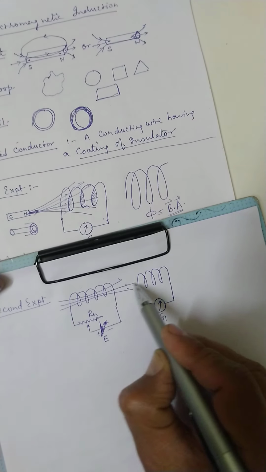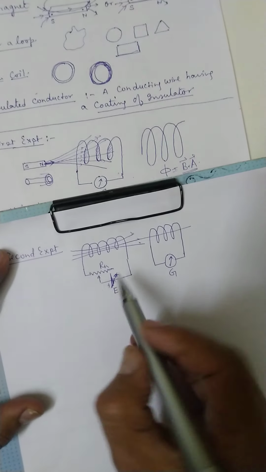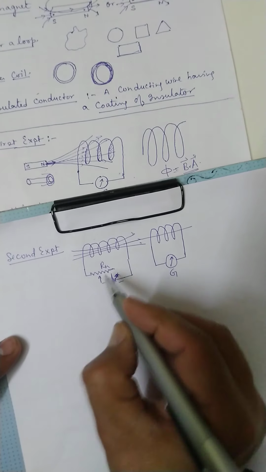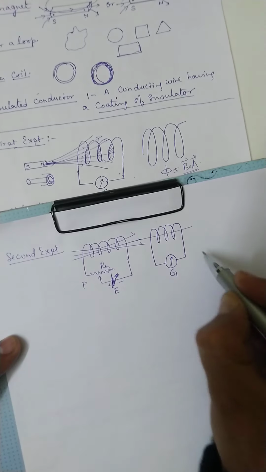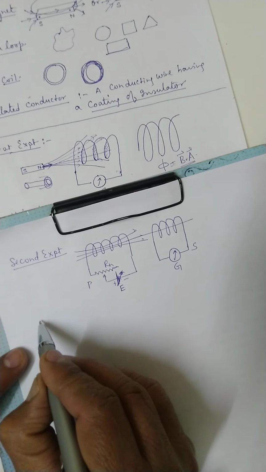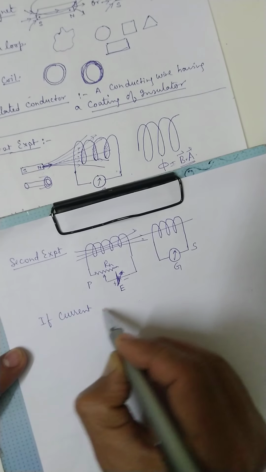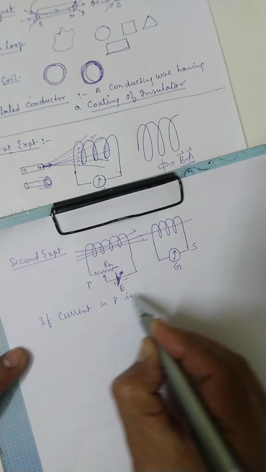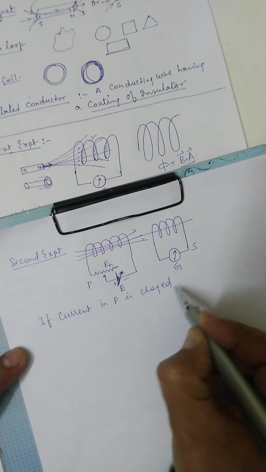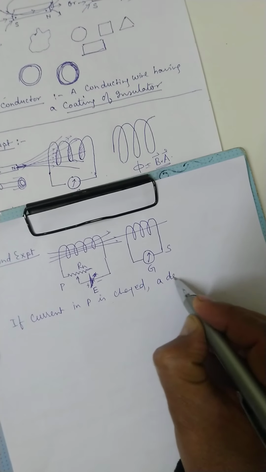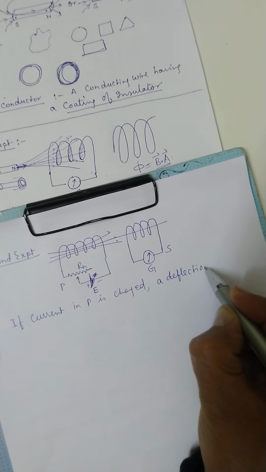And what Faraday did, he observed that if the current in this, called the primary coil, with this being the secondary coil, if current in P is changed, a deflection is observed.